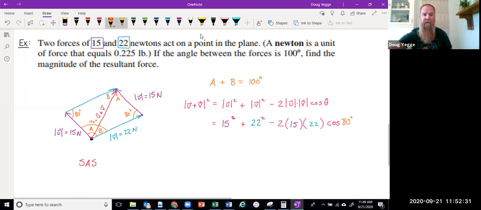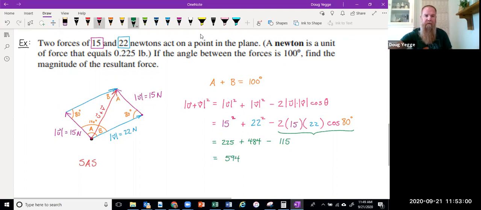So let's go ahead and simplify this. This becomes 225, 22 squared is 484, and if we now work all of this out on our calculator, that becomes approximately 115 or so. So simplifying that gives me 594.